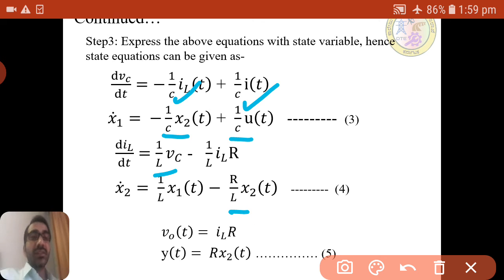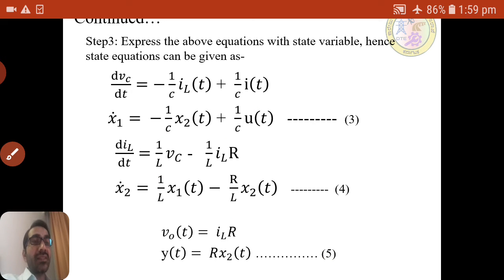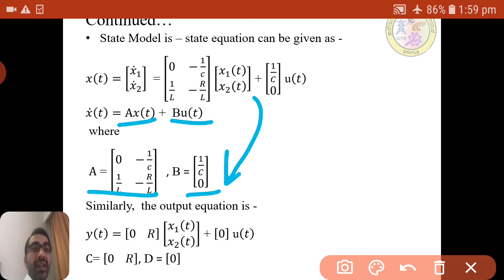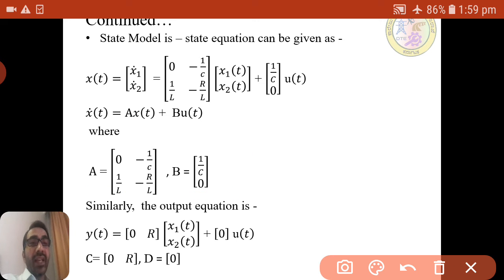So these state constants that we have seen will be represented in the standard form A x of t plus B into u of t. We are just naming the A matrix and B matrix. Like this, this is the state equation.